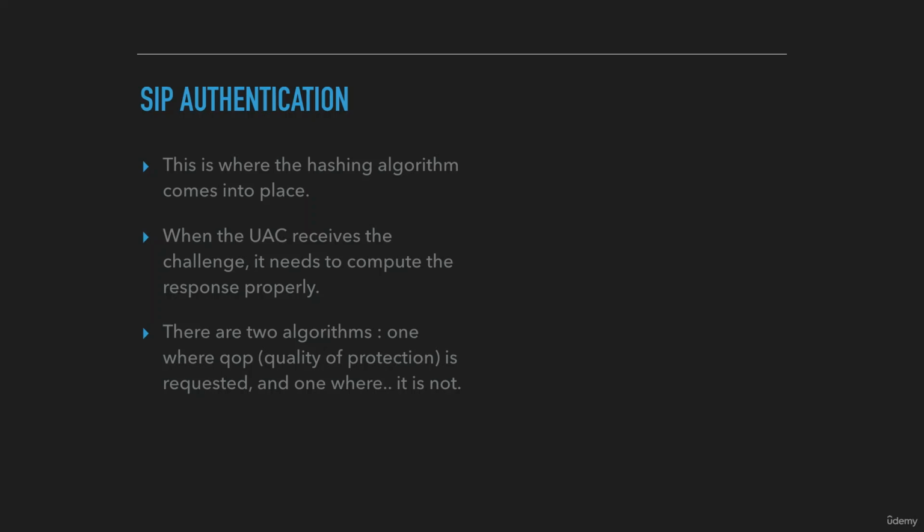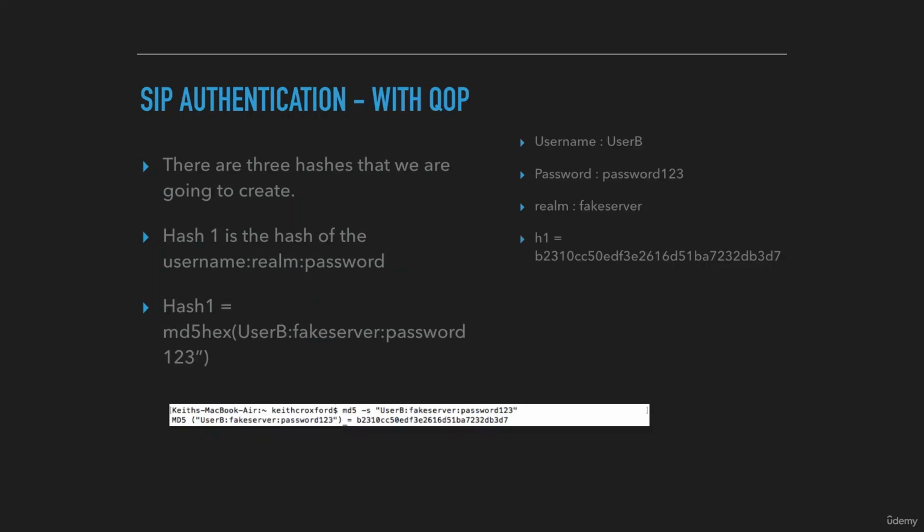When the UAC receives the challenge, it needs to compute the response properly. There are 2 algorithms, one where QOP, or quality of protection, is requested, and one where it is not. It's a process of creating 3 different hashes. The final hash, the third one, is what we send as the response value when we complete the challenge.